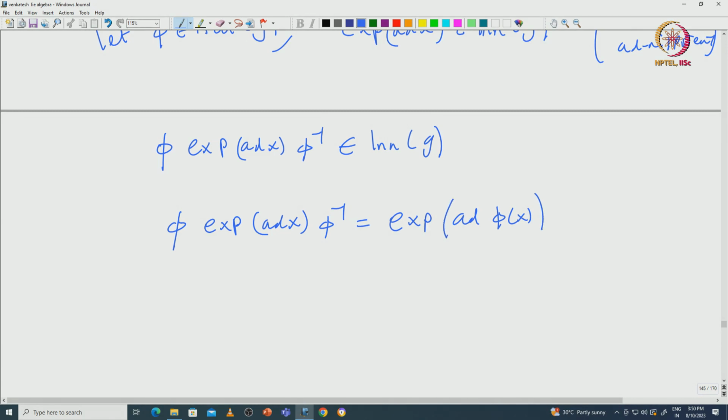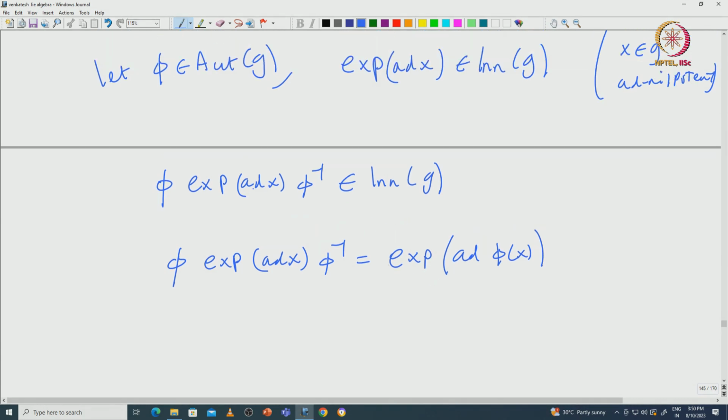So, I will leave it to you to check this is the case, and then if x is ad nilpotent, then pi of x also will be ad nilpotent. Okay, that is also something easy to check. So, that will imply that this is again inside the inner automorphism group of G.